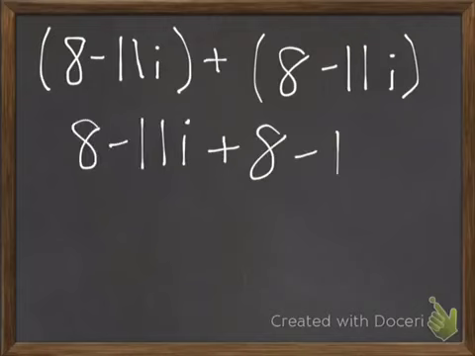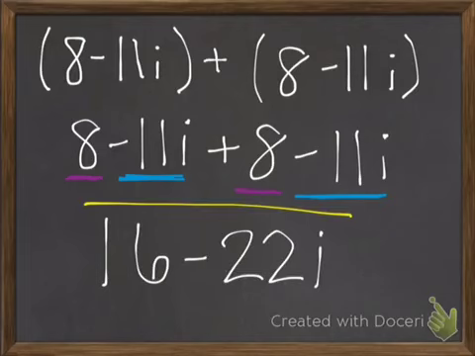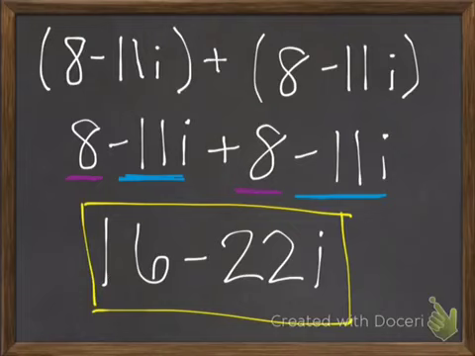So we're going to drop the parentheses and write it out as 8 minus 11i plus 8 minus 11i. And we're going to combine like terms. So the 8's go together, and the negative 11i's go together. So in all, we'll get 16 minus 22i. That would be your final answer.